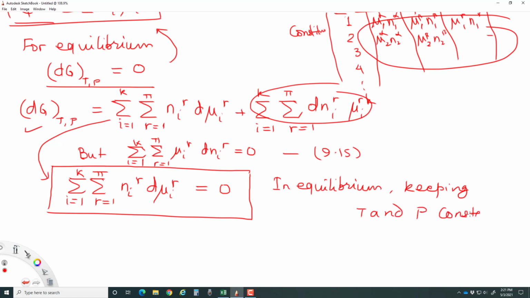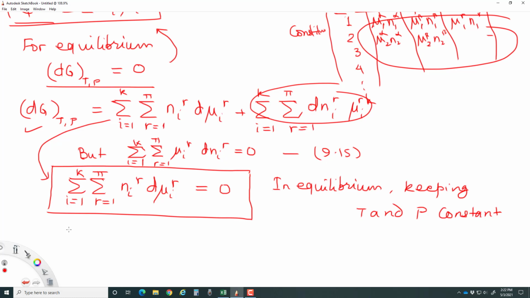Now if the transfer of mass of a constituent, for example the ith constituent, occurs between its different phases within a closed system, then we saw in the previous discussion that the total change in the number would remain the same for that particular constituent, because the total number of moles of that constituent is always constant.